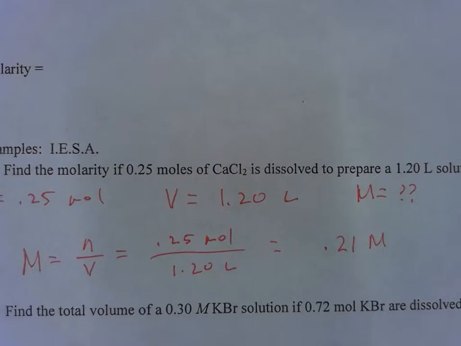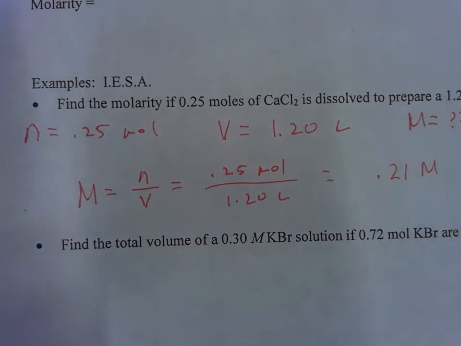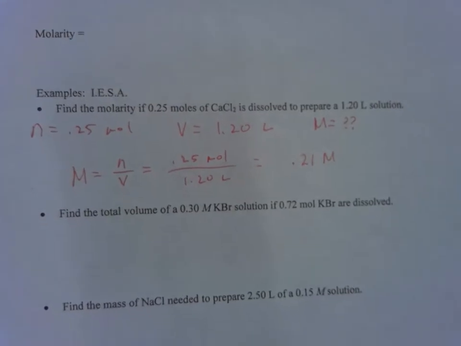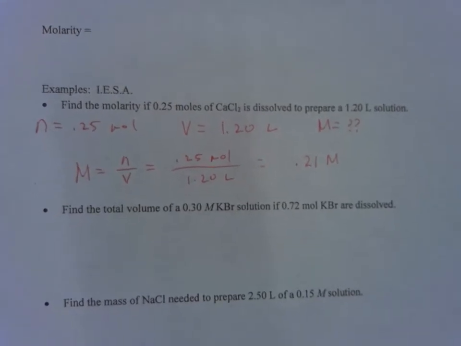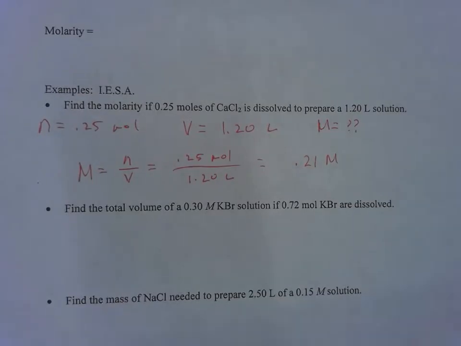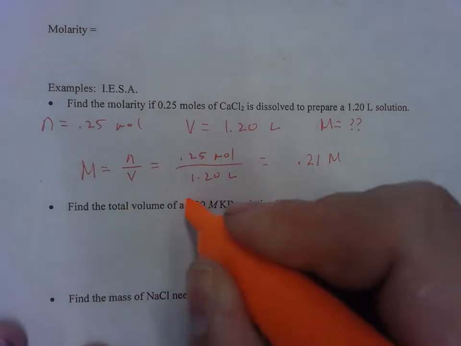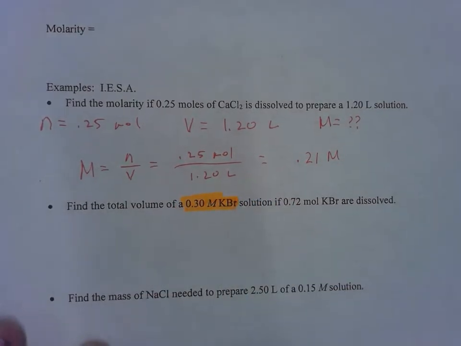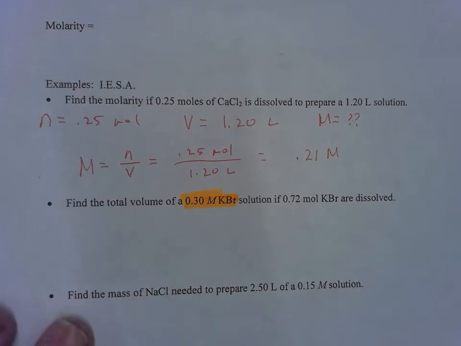Alright, next, find the total volume of a 0.30 molar KBr solution if 0.72 moles of KBr is dissolved. When you guys get these types of questions, it looks confusing, and it kind of is. That right there can be unpacked.